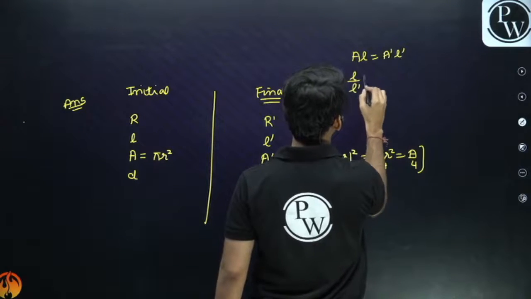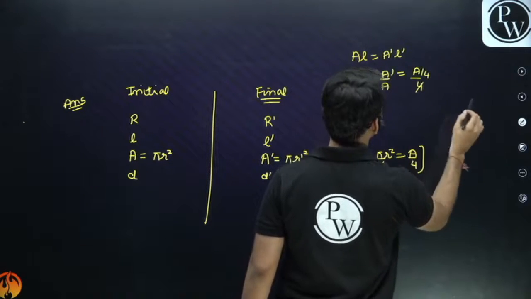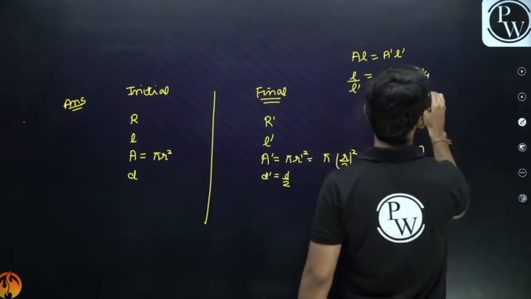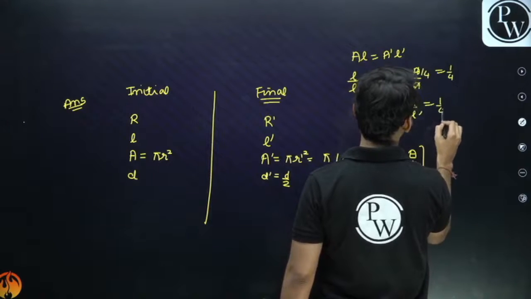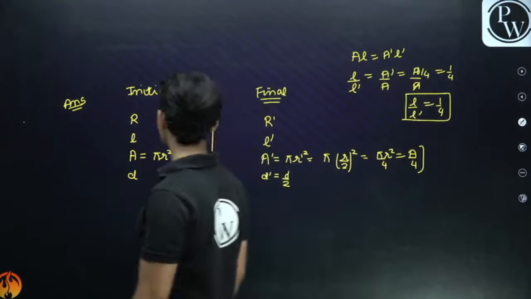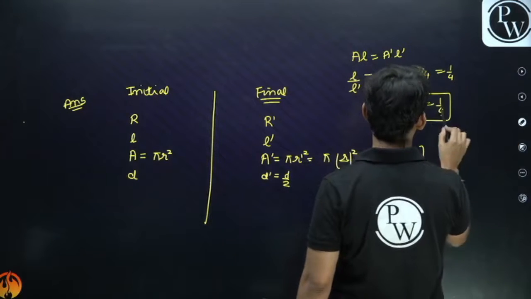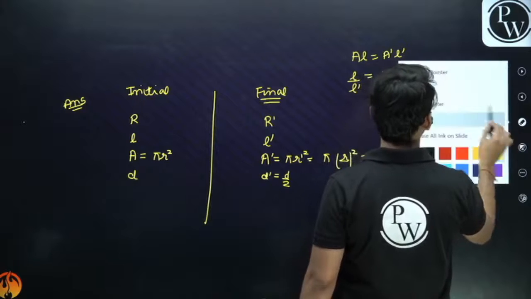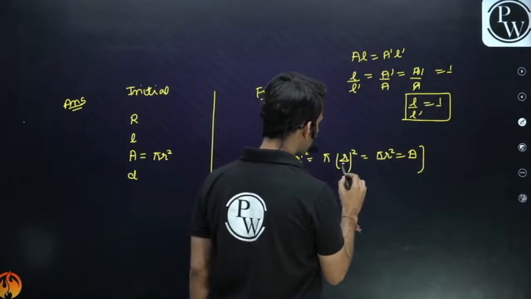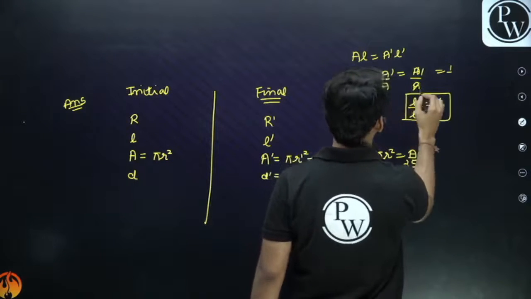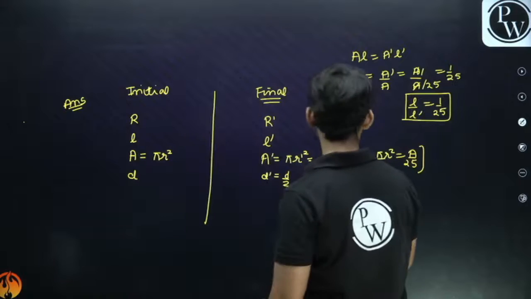So L upon L dash will be equal to A dash upon A. My bad, it's reduced to 1/5, not 1/4. If the diameter is reduced to 1/5, the radius will also reduce to 1/5, so the area would be A by 25. A dash is A upon 25.